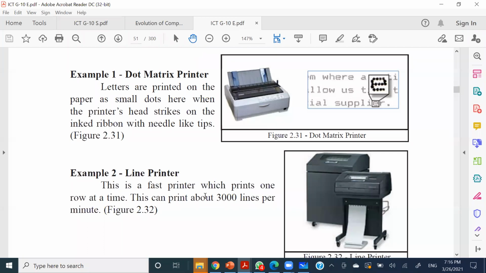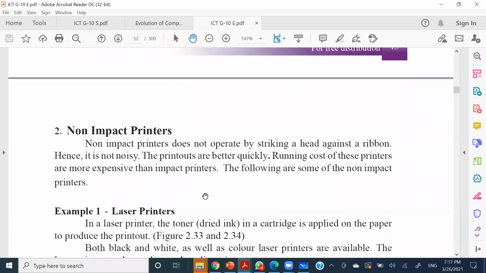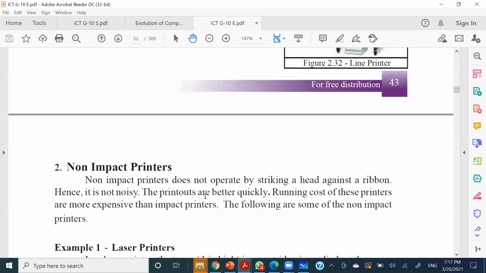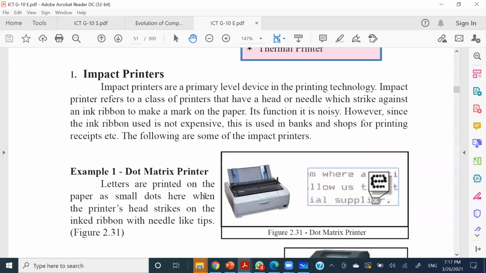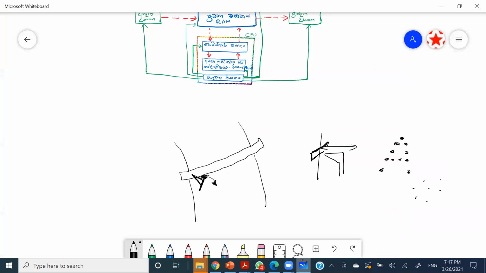It says it prints 3,000 lines per minute, so it's quite fast, right? And when it comes to the non-impact printers, I didn't tell you yet why these are called impact printers. Now let me show you why it is called impact printers.